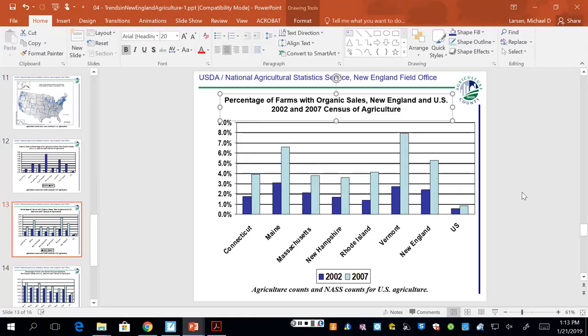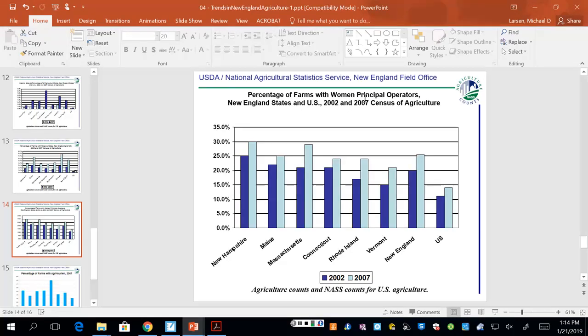And 2002, 2007, two different censuses of agriculture. And we see the change. So you see in this the uptick of the number of farms doing something in organic. And in Vermont, there's a big increase. It's still only about 8% back in 2007, so a lot of farms are not doing that, but we see that increase.